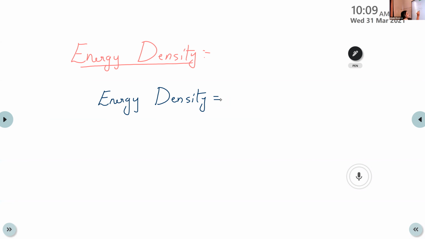The energy stored in a capacitor is given by half CV square, divided by volume. You write volume itself. Otherwise, you have a tendency to write V and cut this V potential with the volume V. So instead of writing V, you write volume itself. Okay. So energy density is equal to half CV square divided by volume.